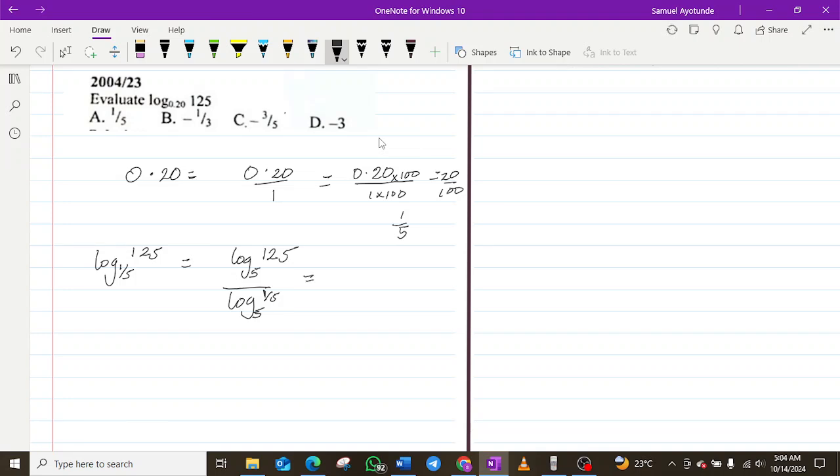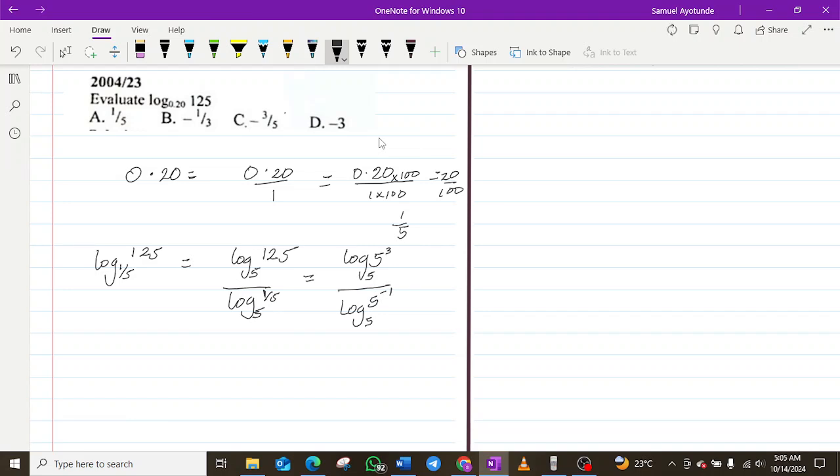So from here, I can change 125 to a power of 5. That will be log of 5 raised to the power of 3, base 5, all divided by log of 1 over 5, expressed as a power with 5 raised to the power minus 1, base 5.